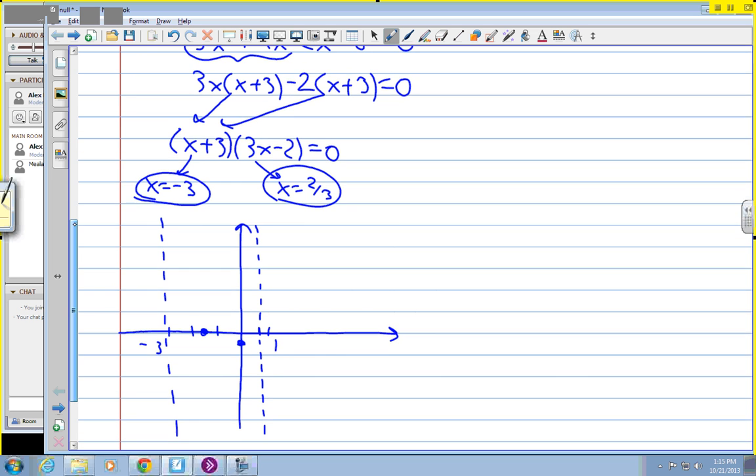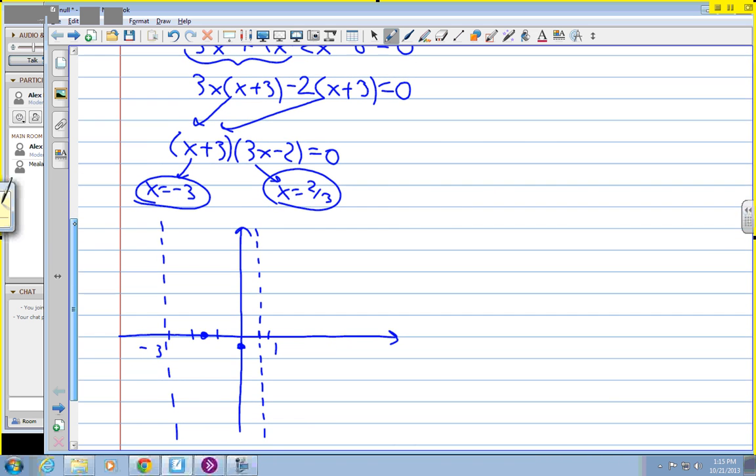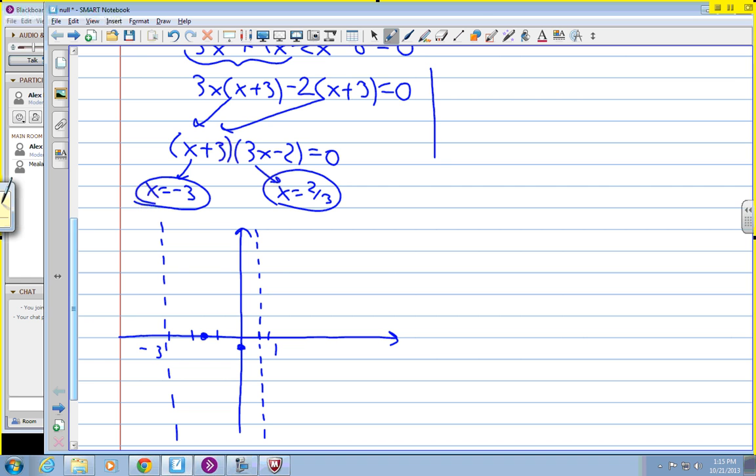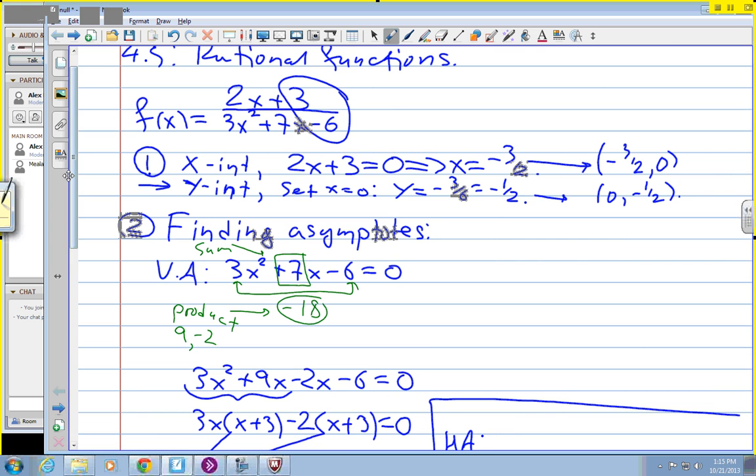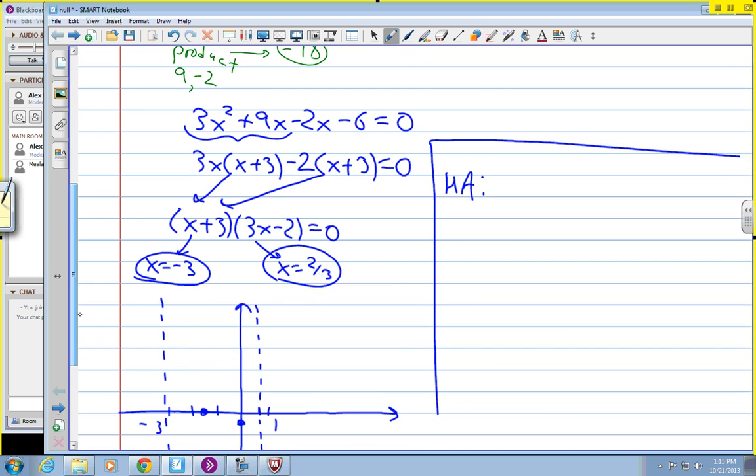Now horizontal asymptotes, let's do them here. If you look at our function, it had a linear numerator and quadratic denominator. So the degree of the numerator is 1, the degree of the denominator is 2, so the denominator is bigger. What is the horizontal asymptote? 0, right?